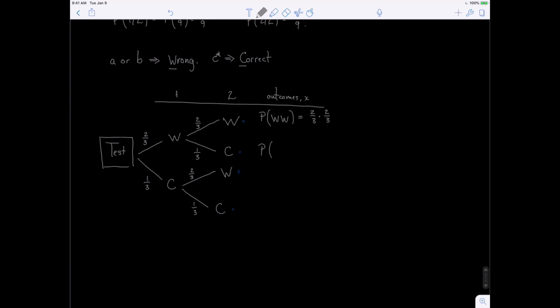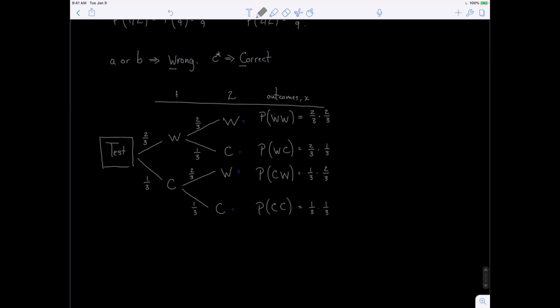The probability of getting the first one wrong and the second one correct is 2/3 times 1/3. The probability of the next outcome, correct and then wrong, is 1/3 times 2/3. And our final branch is the probability of being correct on both questions, which is 1/3 times 1/3.